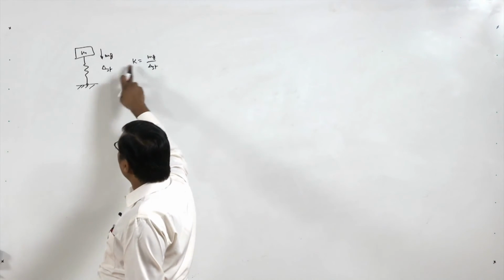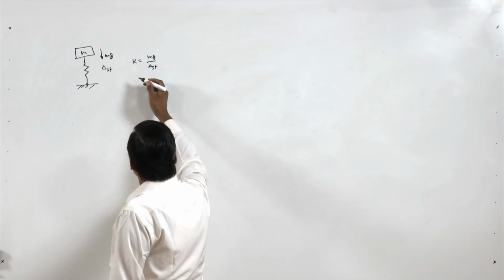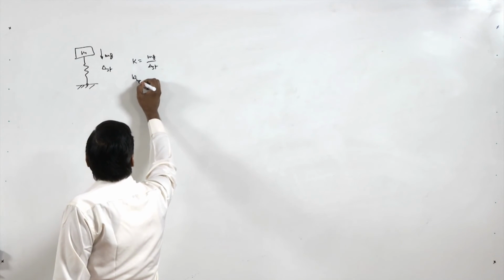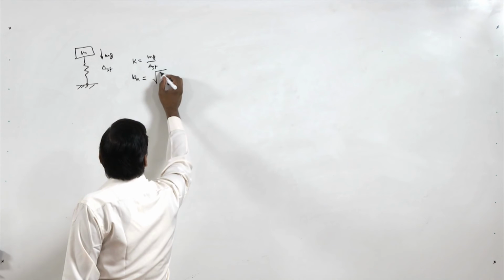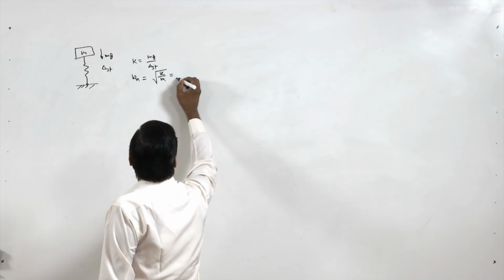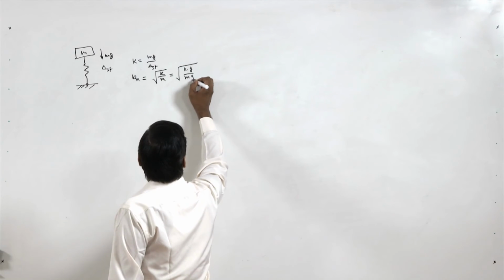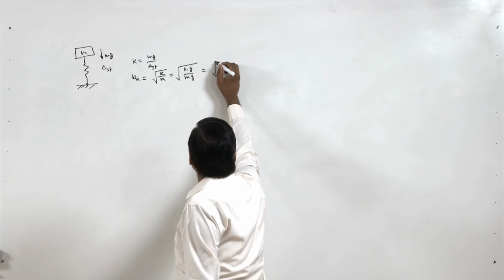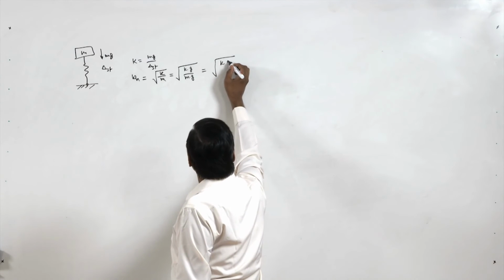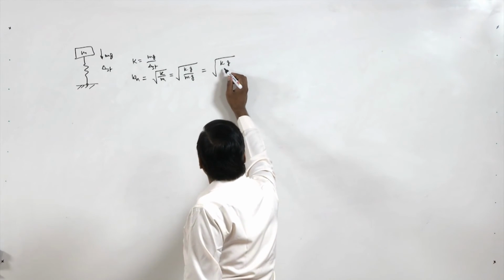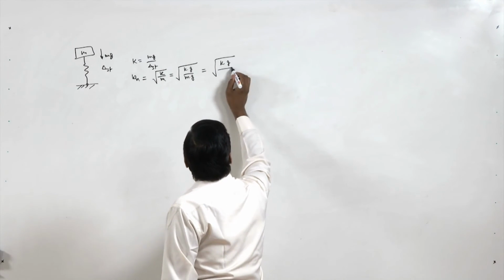So this will give the stiffness of this spring, and then what is the natural frequency? Omega n equals root k by m, and we can write k into g by m into g.